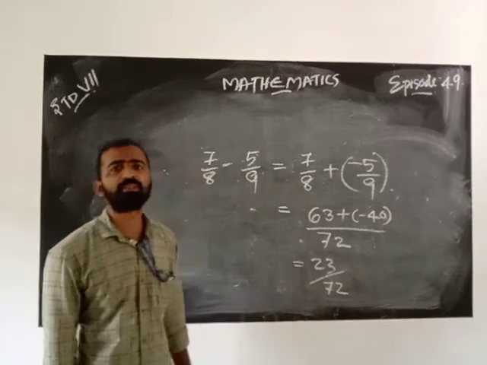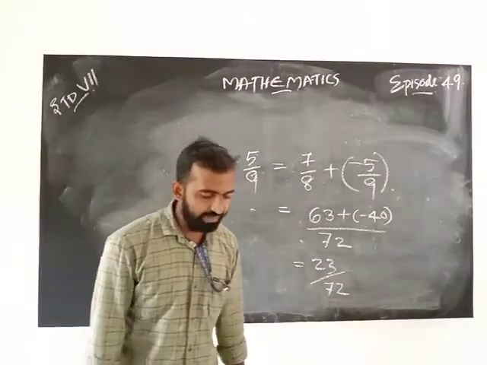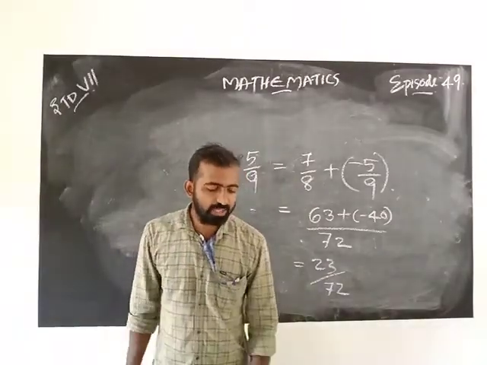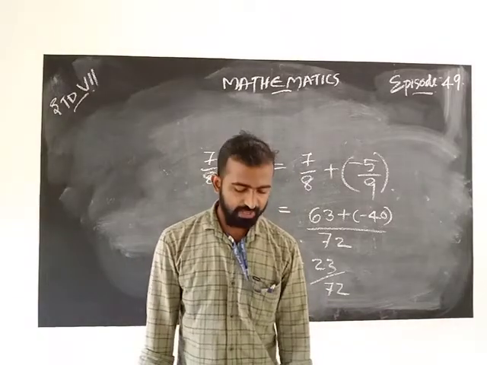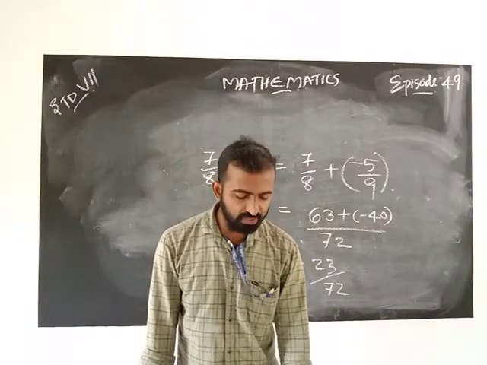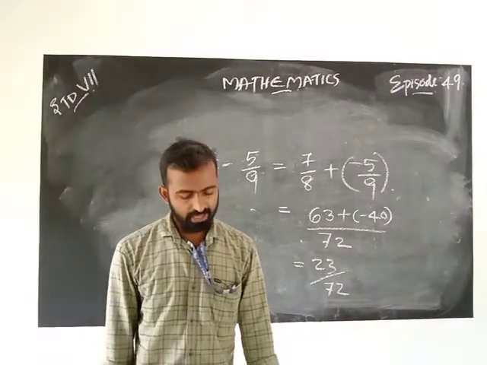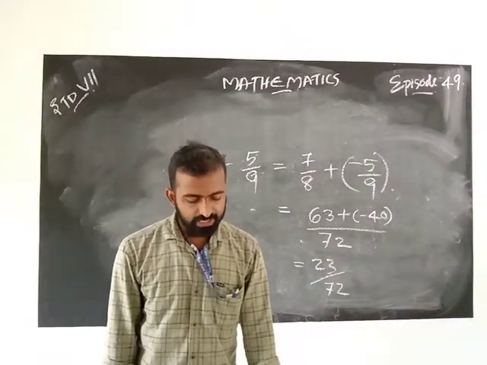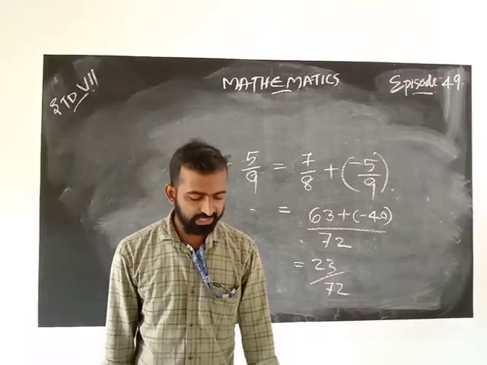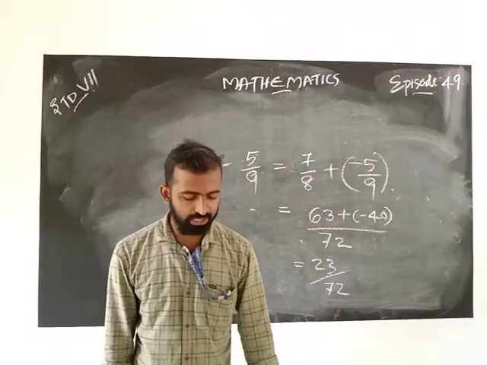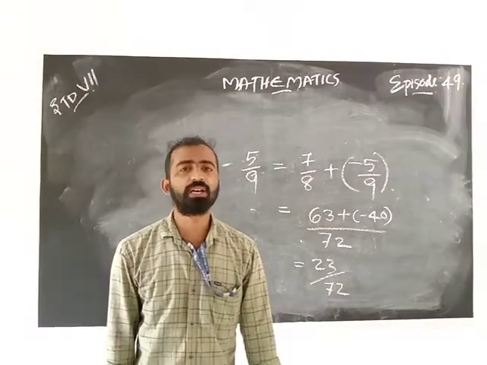So we can say that while subtracting two rational numbers, we add the additive inverse of the rational number that is being subtracted to the other rational number.